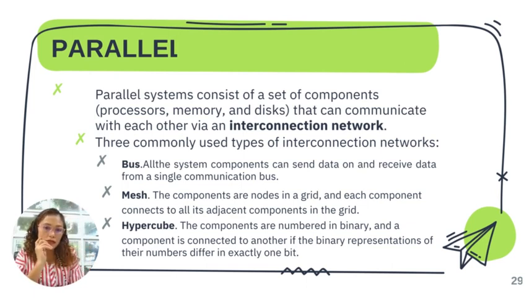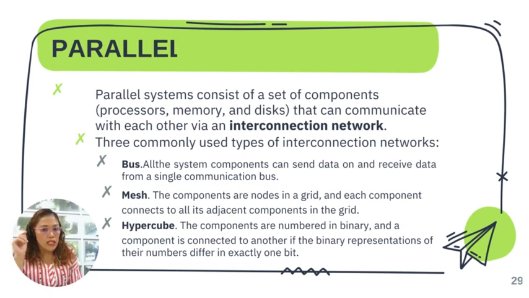So parallel systems consist of different components. You have your processors, memory, and disks that can communicate with each other via an interconnection network. There are three types of common networks in parallel systems: bus, mesh, and hypercube. When you say bus, all the system components can send data on and receive data from a single communication line.